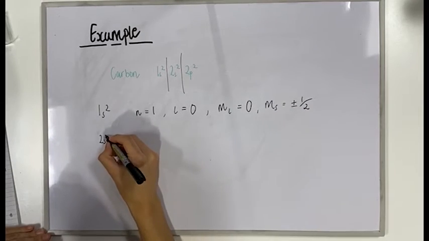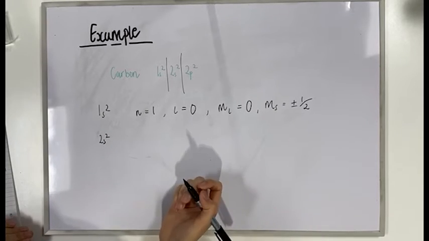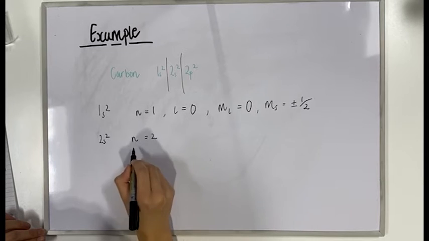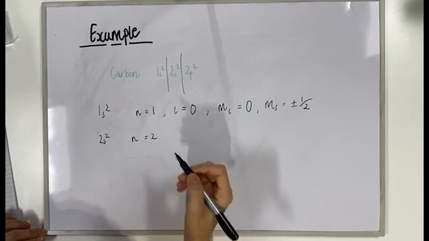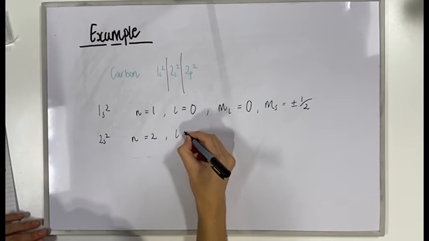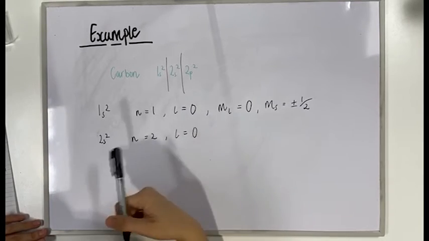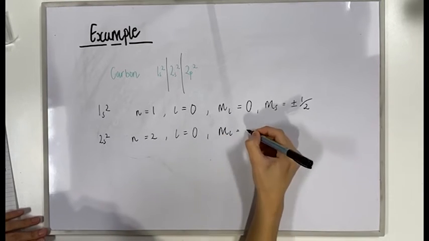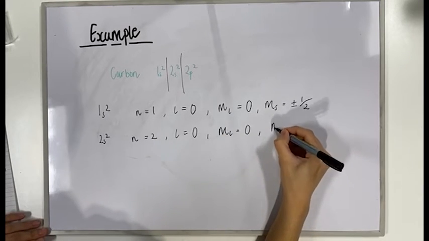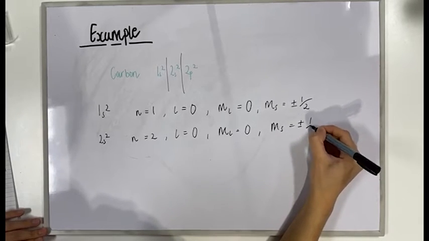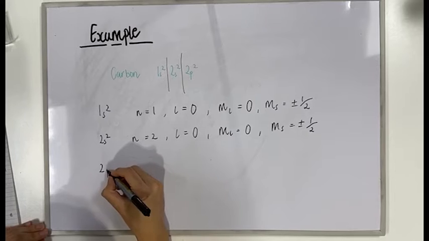The next part of the electron configuration is 2s2. So here we can write n is equal to 2 because it's in the second principal energy level. L is equal to 0 because it's in the s orbital. ML again is 0. MS is plus or minus a half. And the final one is 2p2.